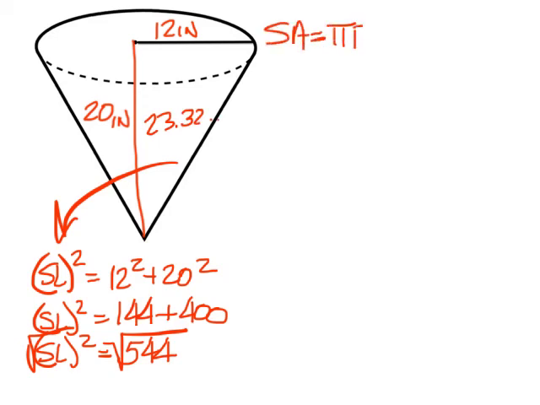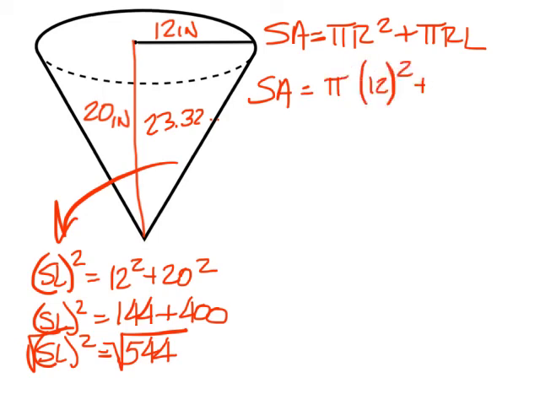Surface area equals pi r squared plus pi rl. And that means we have a radius squared of 12 squared, and then pi times 12 times the 23.32. But leave that in the calculator, so go back and do this first. So the square root of 544 was 23 point something, some change.